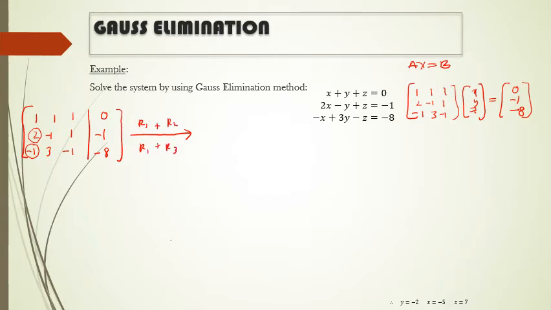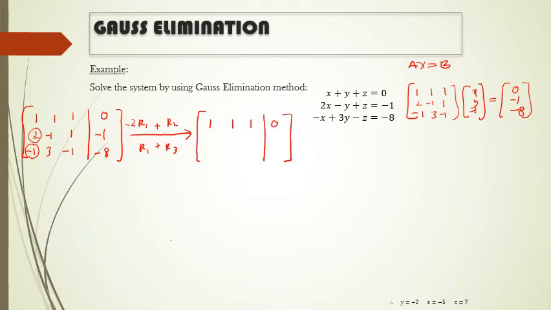To get 0 for 2, it's negative 2 R1. For negative 1, it will be R1 plus R3. I'll write it straight away. I do both steps at the same time.